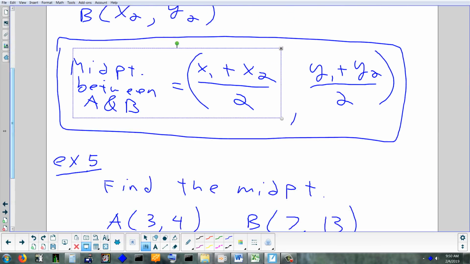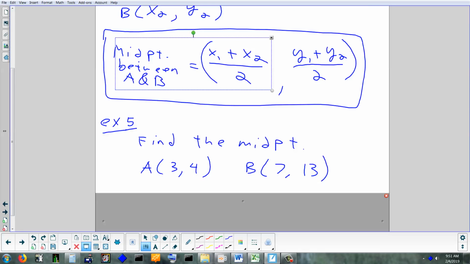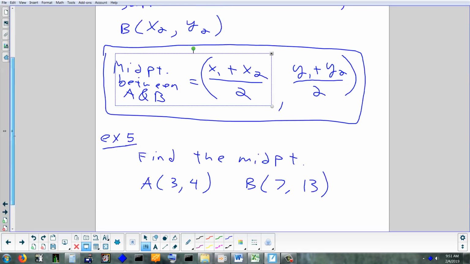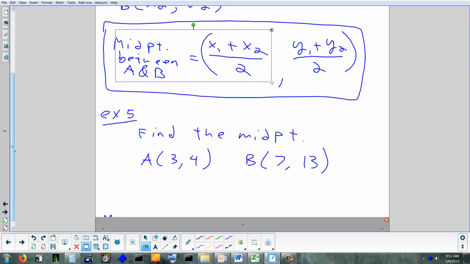Okay, so let's finish up by finding the midpoint between those two coordinates. Jake, what are my two x values here? 3 and 7. 3 and 7.